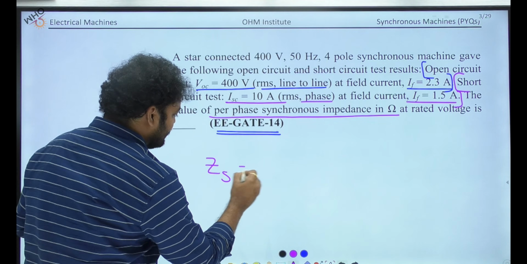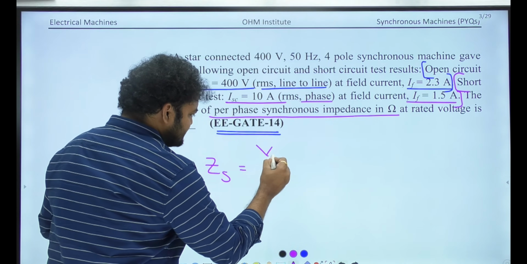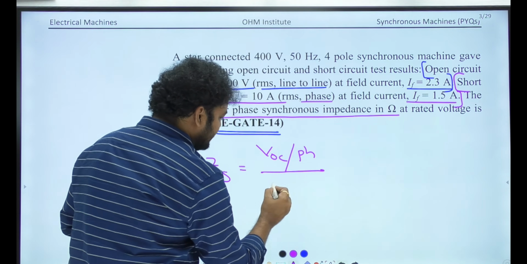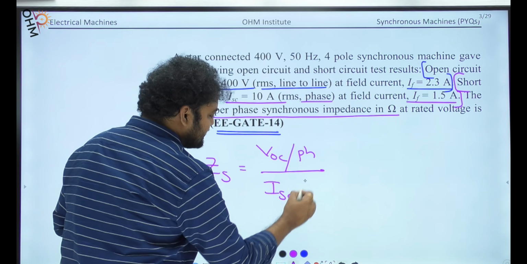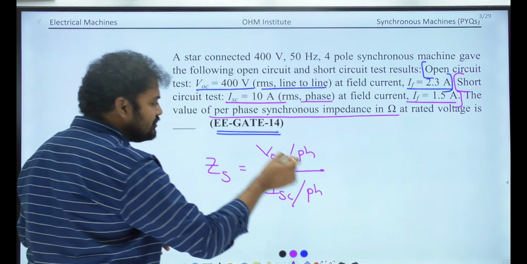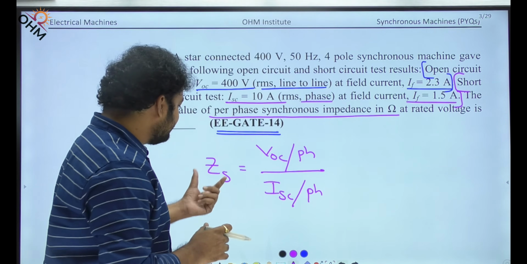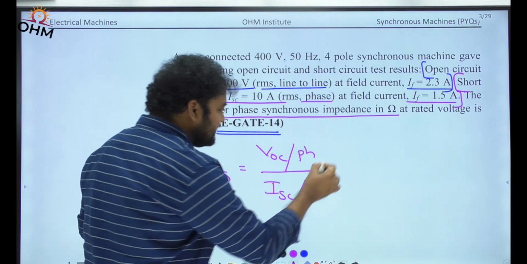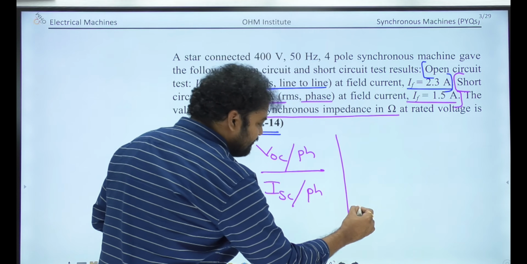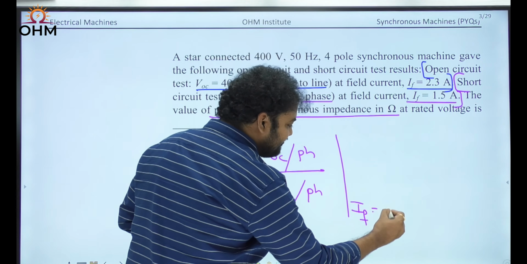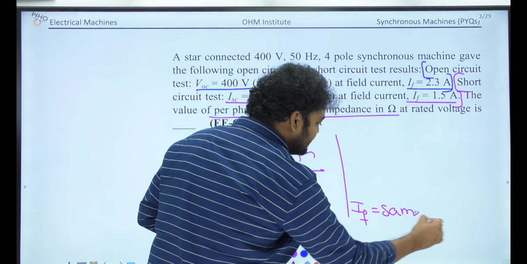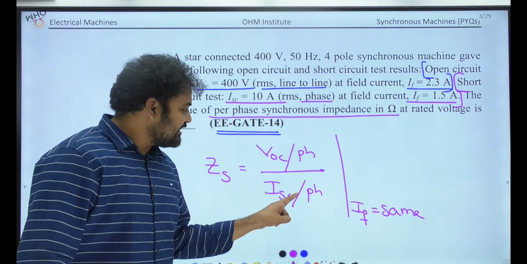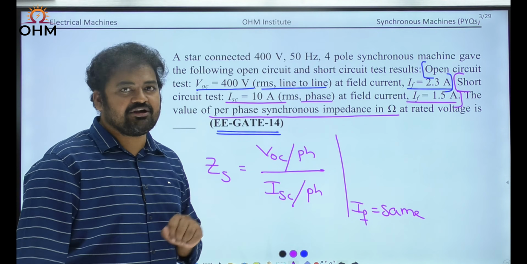Synchronous impedance is equal to open circuit terminal voltage per phase divided by short circuit armature current per phase. We have to use phase values only, then only you will get impedance per phase. But the important thing is both these values must be measured at the same field current. This is the most important point.